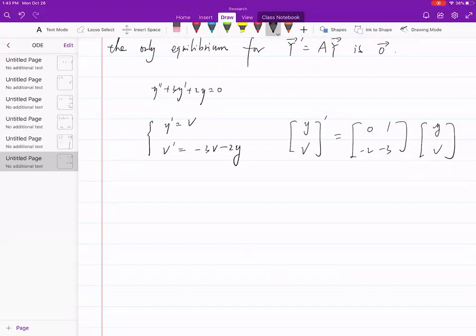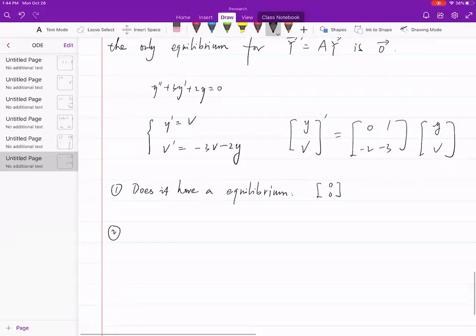So question 1, does it have equilibrium? The answer is yes, at least 0. The trivial one is always there. Number 2, does it have any other equilibrium which is non-trivial?